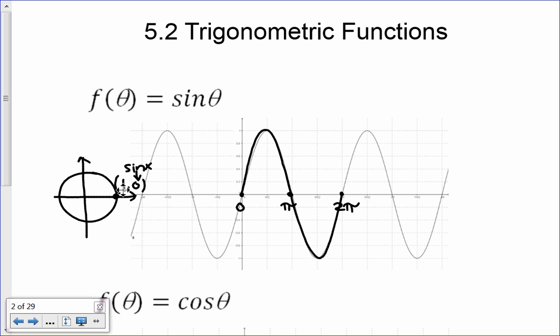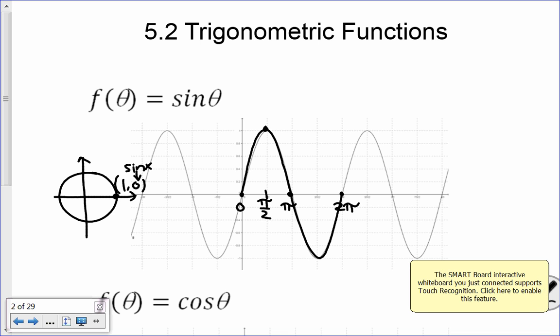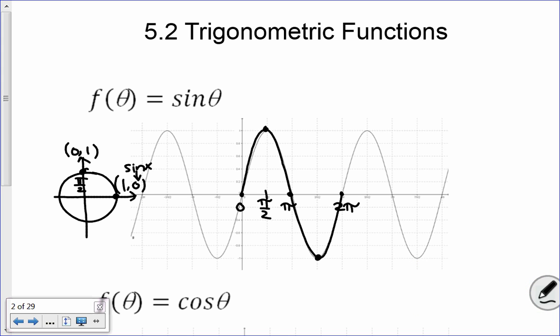Between 0 and pi, you have pi over 2, and that's at 1, because on your circle, at pi over 2, the coordinate is 0, 1. And so on. That's what you have to keep in mind when we're going to be changing your sine.